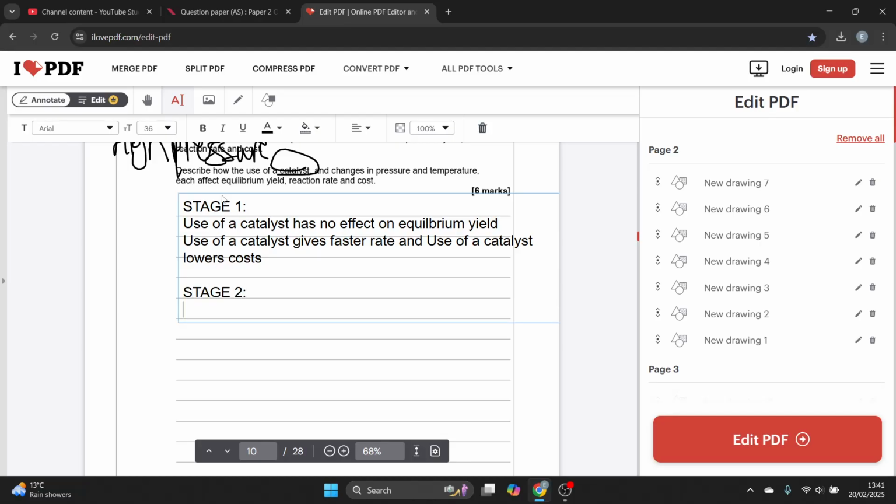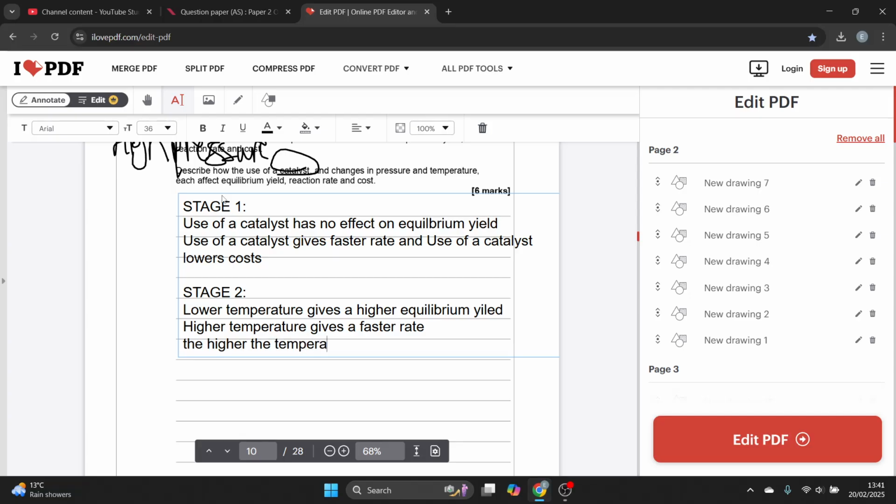Stage 2, temperature. Well, I want a lower temperature. Lower temperature gives a higher equilibrium yield. However, high temperature gives a faster rate. However, the higher the temperature, the greater the cost.